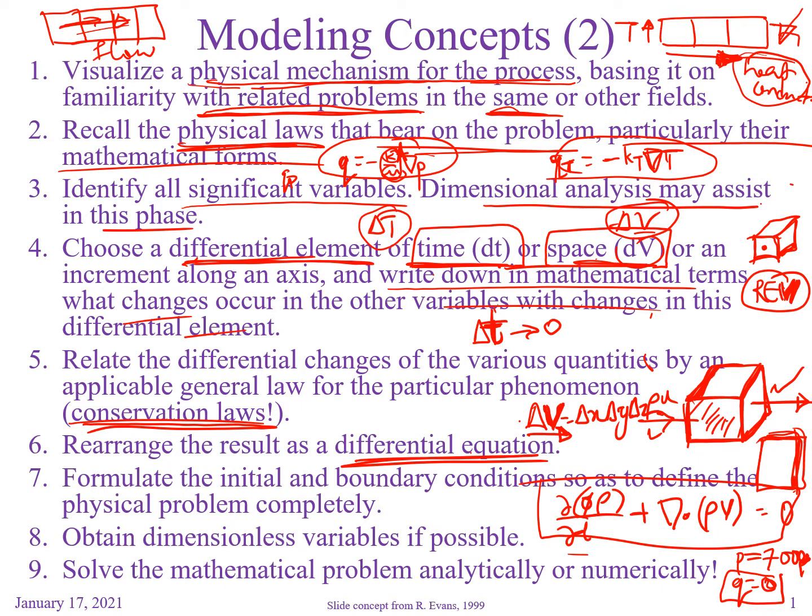And then you provide initial conditions. Pressure everywhere is a certain value, but you can assume it's also 7,000. The initial conditions plus boundary conditions together with the differential equation completely define your problem. Then if needed, you can convert all these variables to the dimensionless form, so it has no units basically.